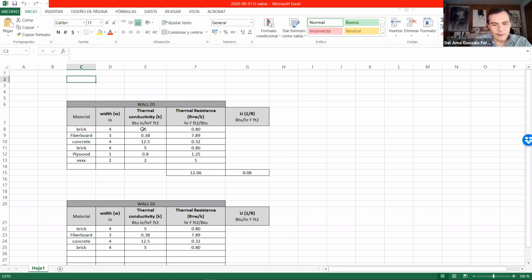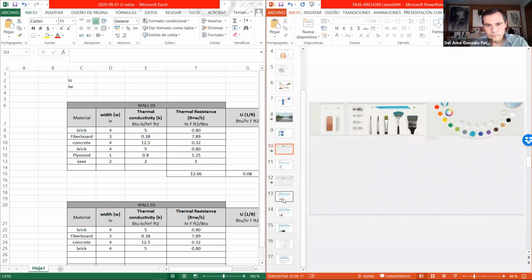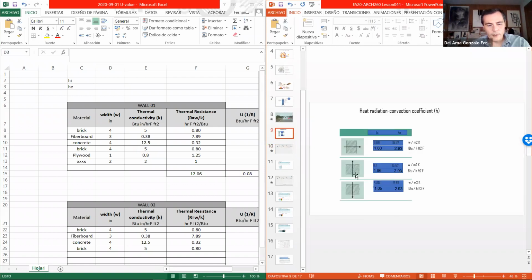I can create here another cell, so this can be HI, this can be HE. Okay, let's do that. And if we are working with walls, there you go.